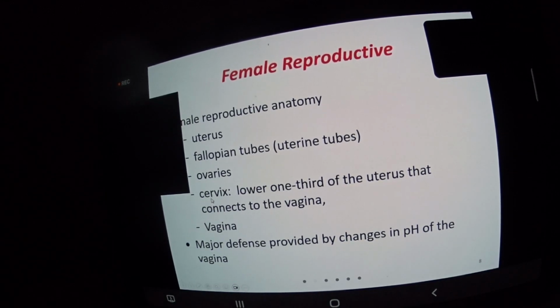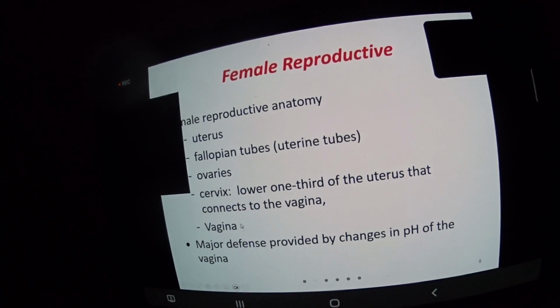The opening to the uterus is closed by the cervix, and the opening of the uterus to the outside is the vagina. For females, the major defense is the mucous membrane of the reproductive system.